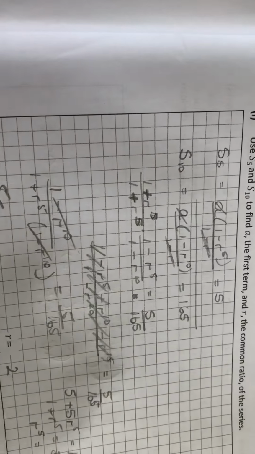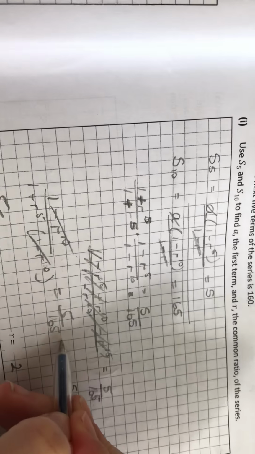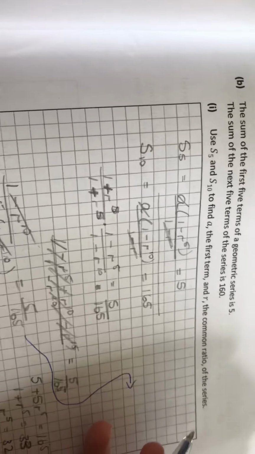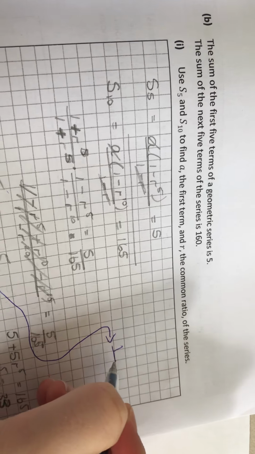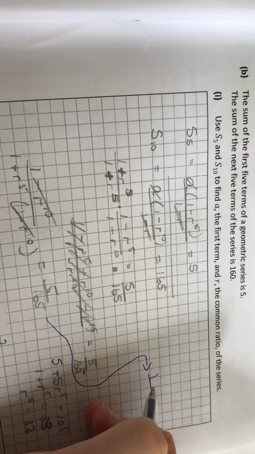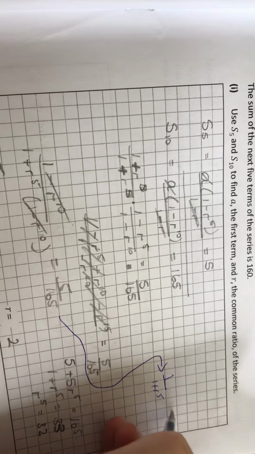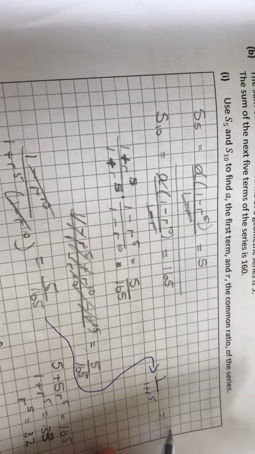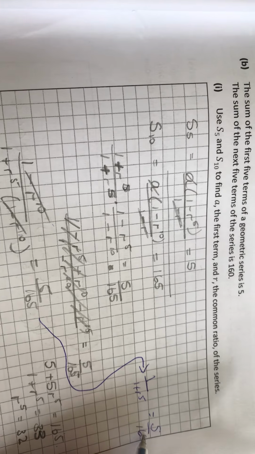sorry, now I better write that a little bit. Just go here. 1 over 1 plus r to the power 5 is equal to 5 over 165.